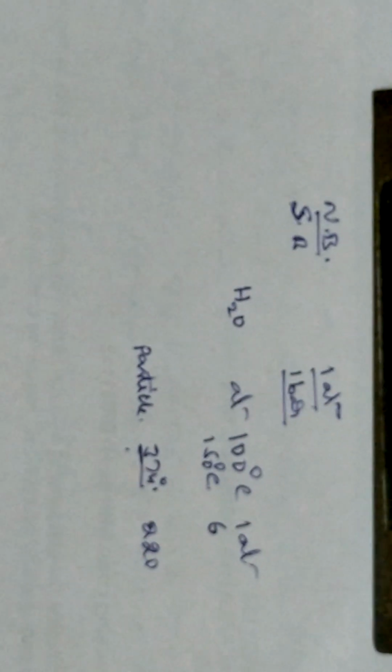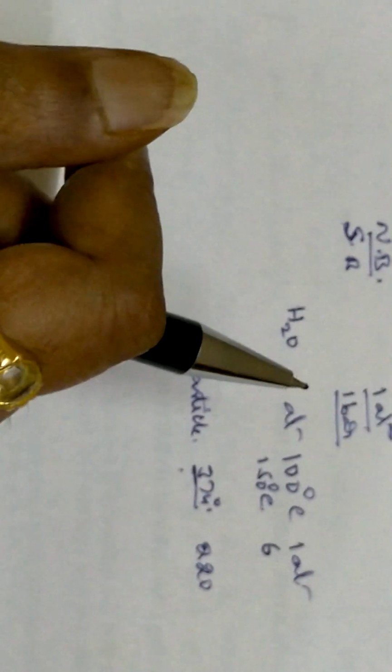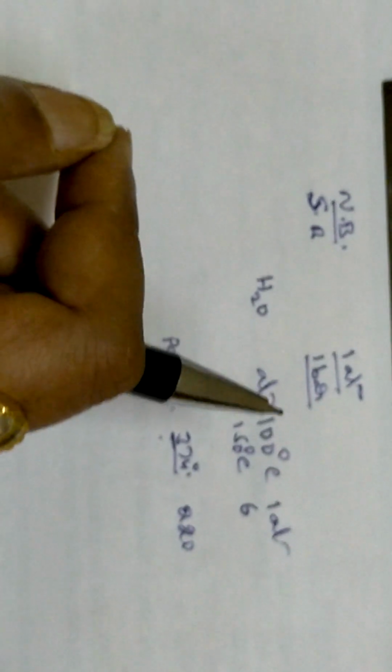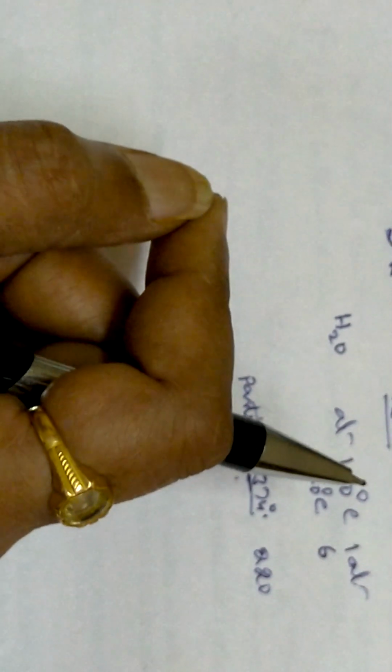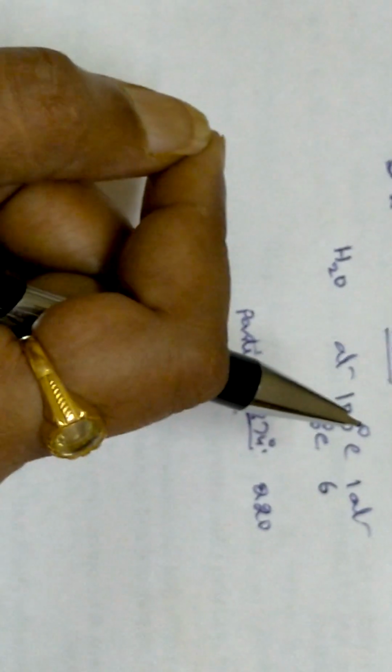Now one or two parameters of liquids, normally the surface tension. In a pond, small flies walk on the water surface. How is it possible? That is because of surface tension. It is the difference in intermolecular forces.